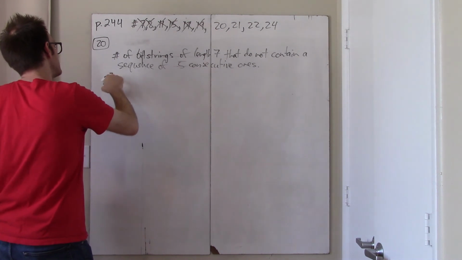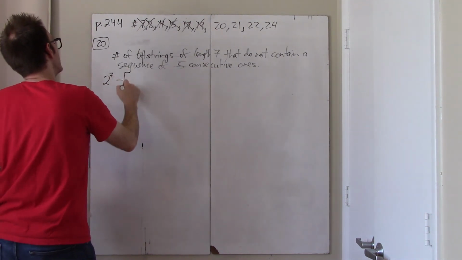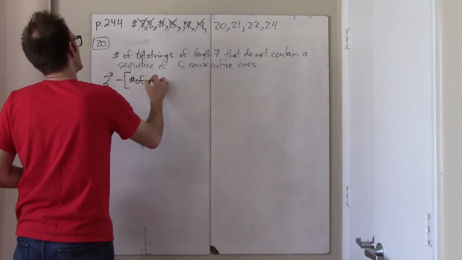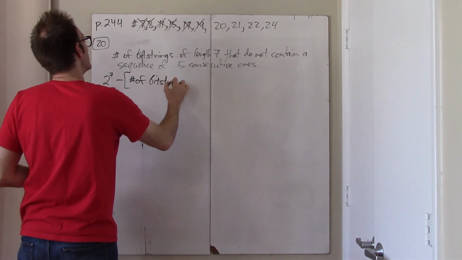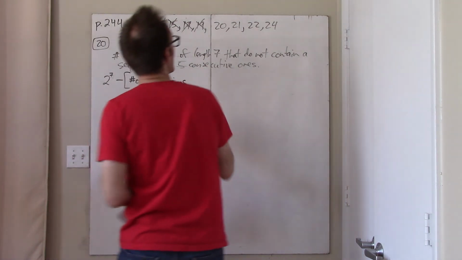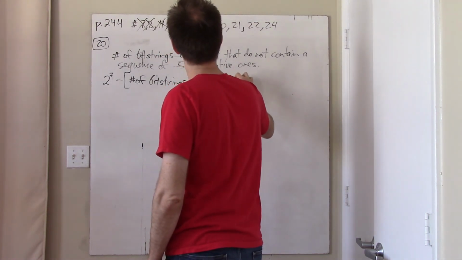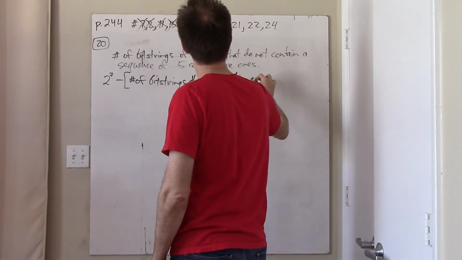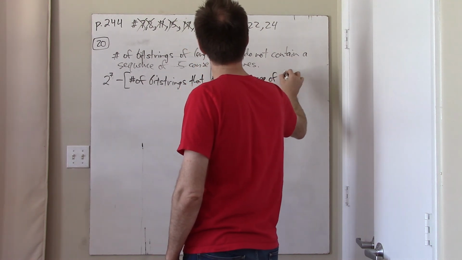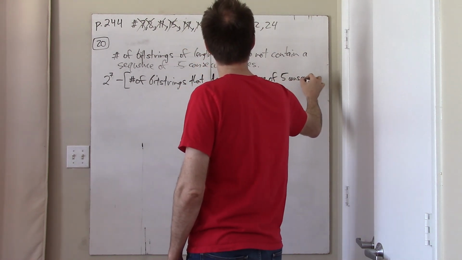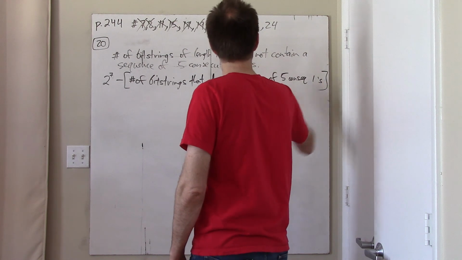And now let's subtract out the number of bit strings that do contain a sequence of 5 consecutive ones.